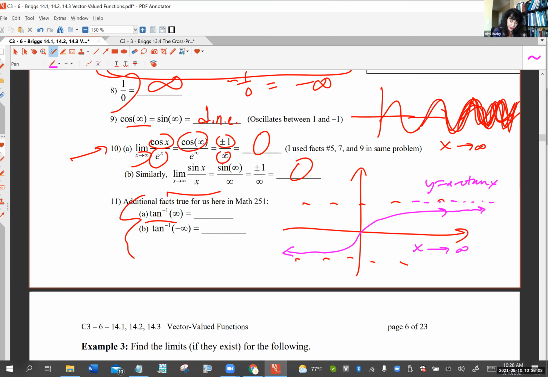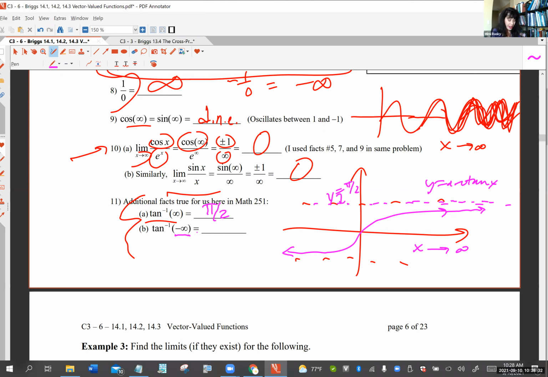It approaches a constant. It has a horizontal asymptote. Does anybody know what that horizontal asymptote is? Yep, pi halves. That is, this horizontal line has the equation y equals pi halves.